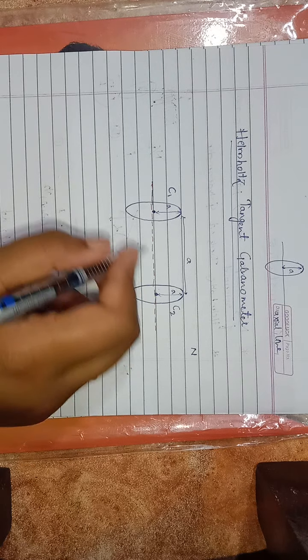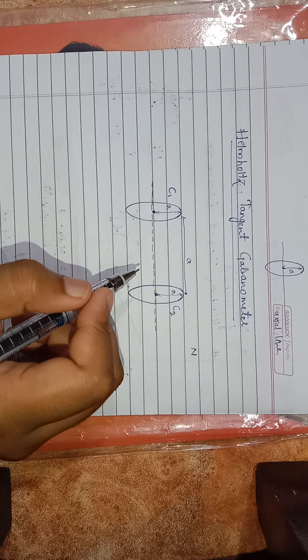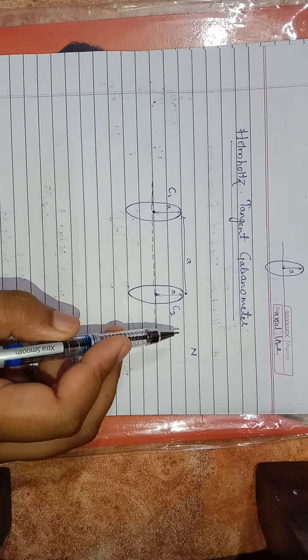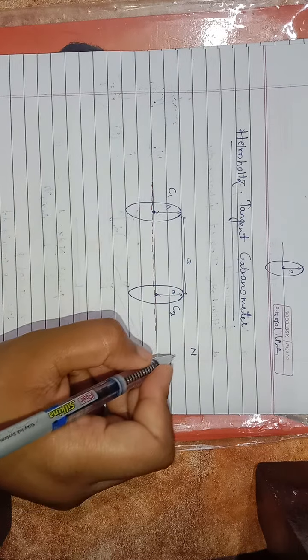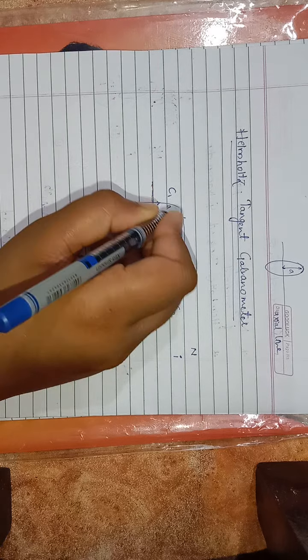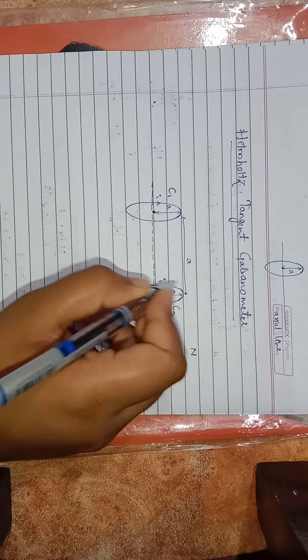These coils are connected in series, so that the current through them is in the same direction. Consider I is the current flowing through them, so in this direction the current I is flowing here, and here also in this direction current I is flowing.